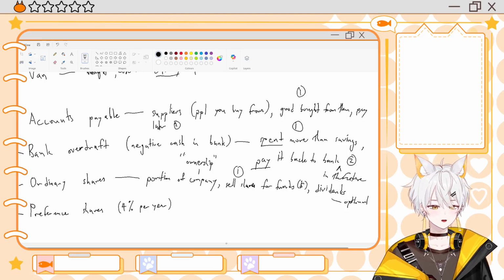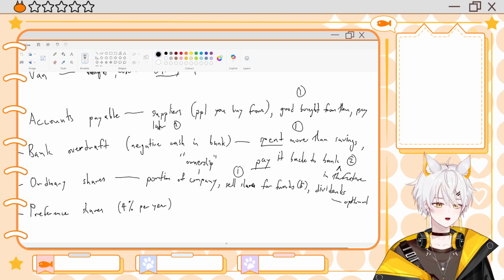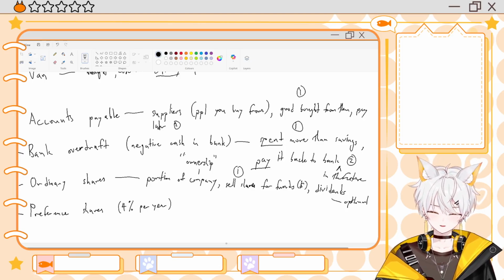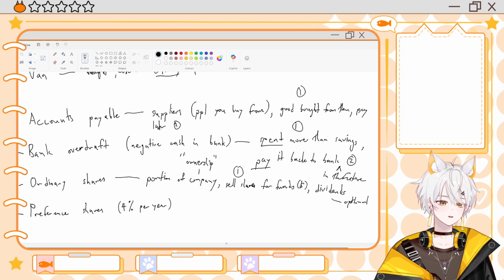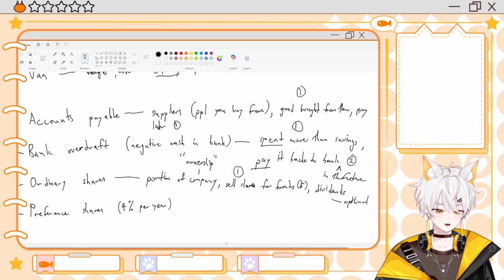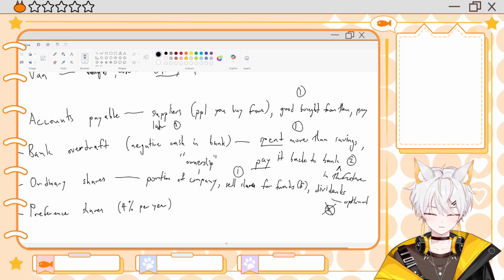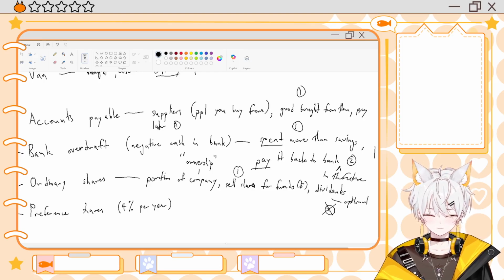You can't force a company to pay you dividends unless the government says so, in which case it's a different form and we don't cover that. We cover the most basic ordinary shares. So it's optional, meaning you don't pass criteria 2. Therefore, equity.